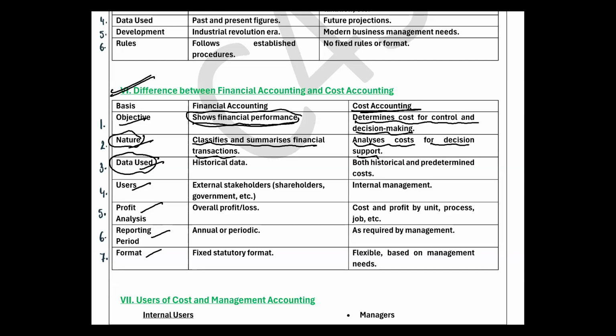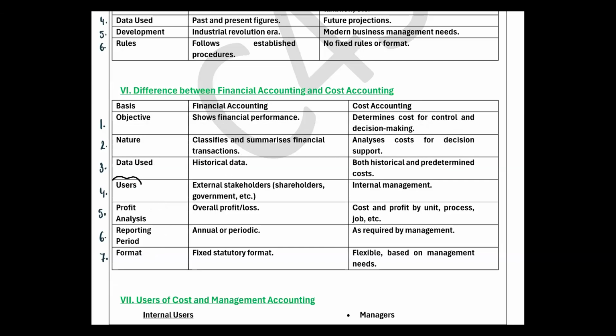Data used. Financial accounting uses historical data, but cost accounting uses both historical data and predetermined standards set in the market for the cost. Is it clear? Now, what are the users? Users of financial accounting are external stakeholders, shareholders, government, etc. A company can be government owned or non-government owned, so the shareholders can be the government, right?